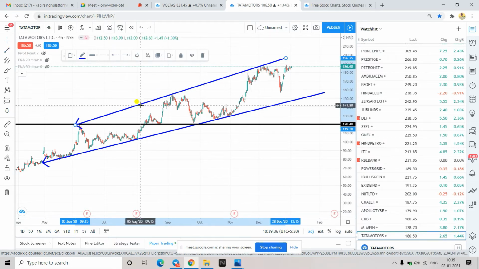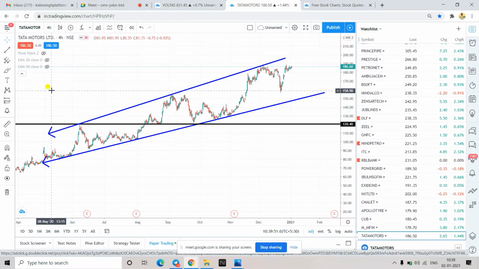But sometimes, because the market is not supportive, or not as you wanted, the price will take a lot of time reaching the resistance. In those cases, what I suggest is, if you have traded based on this parallel channel, keep half of this parallel channel as your first target.